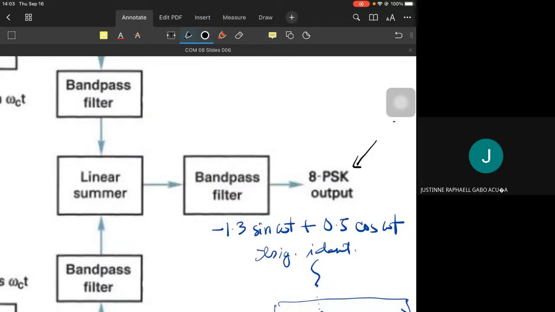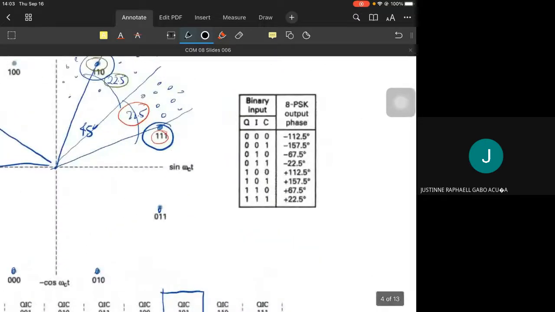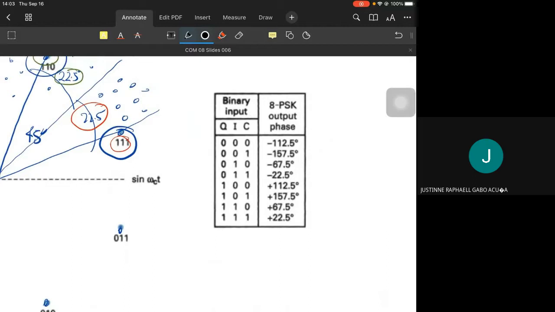Any of those combinations of voltage levels and sines and cosines gives the possible outputs or phase shifts of our PSK signal. These are 8 possible outputs: four types of phases times positive and negative. So 8 in all.